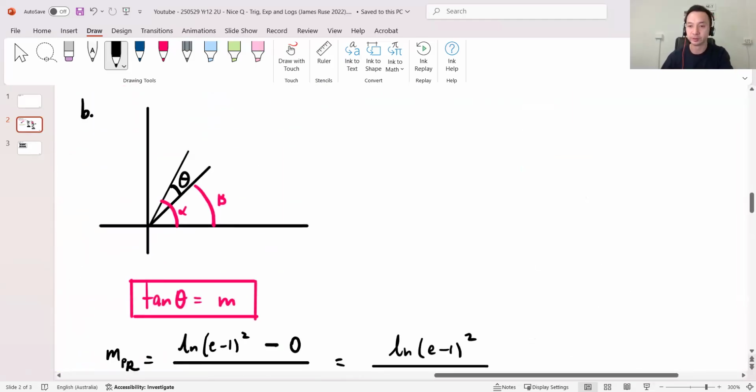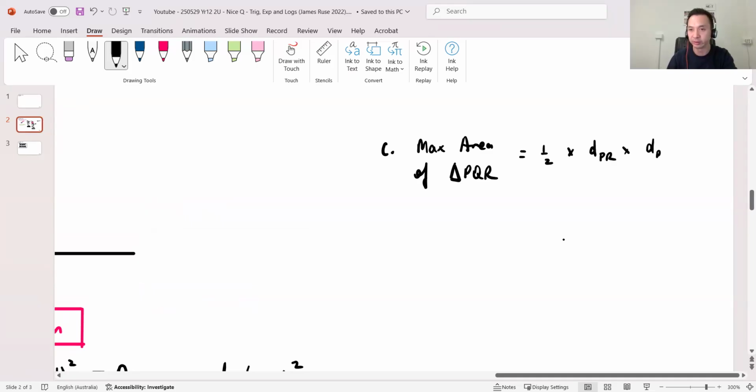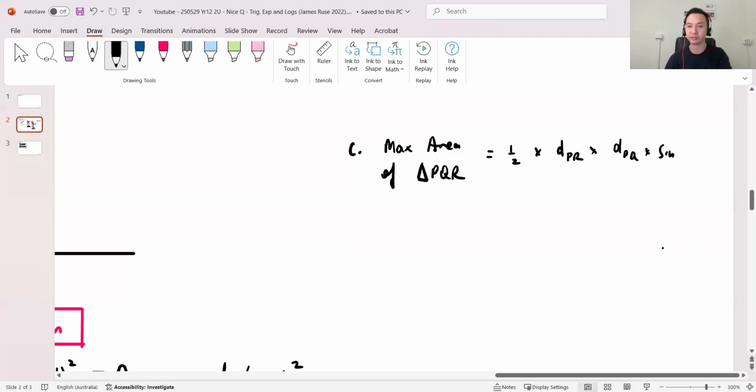So for part C, area, or maybe max area, to be more specific, area of triangle PQR equals a half times the distance of PR times the distance of PQ times sine of the angle I literally just found, so sine of angle RPQ.